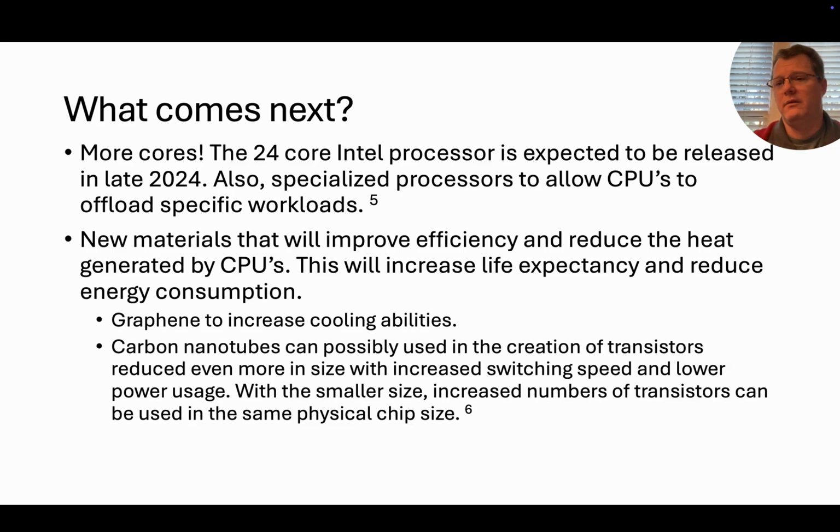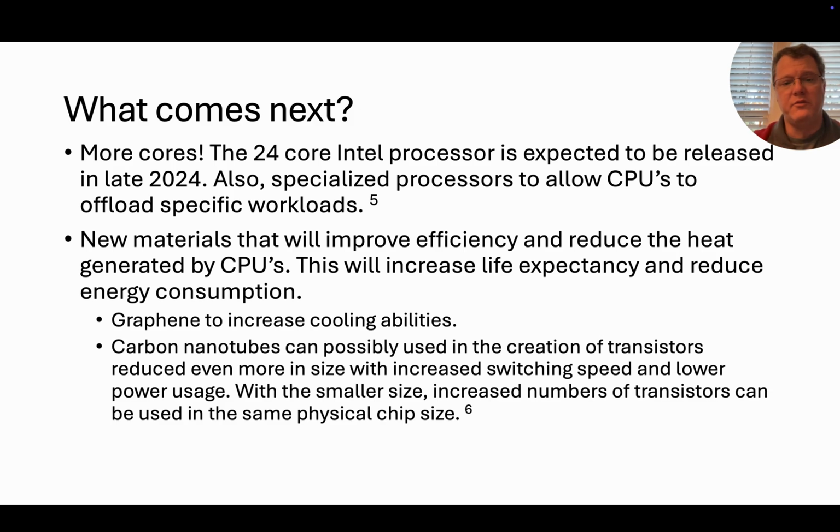Well, you also have specialized processors that allow CPUs to offload some of their tasks to these subordinate processors and share the workload that can help speed up some of these processes and allow the CPU to focus on the bigger picture of the computer's task.